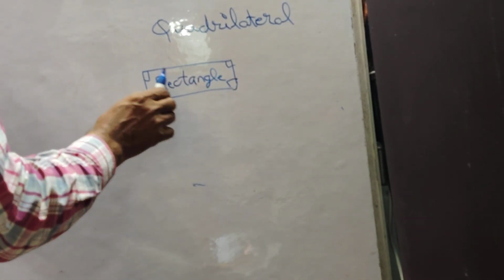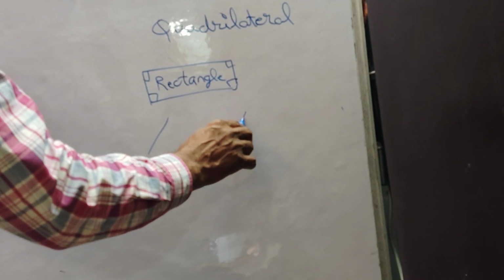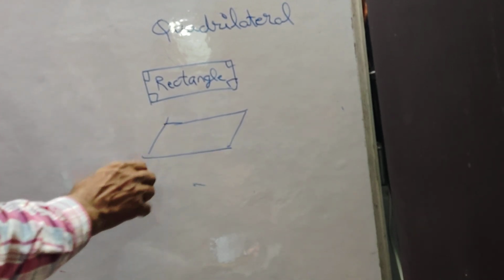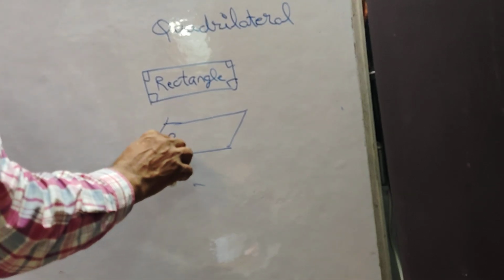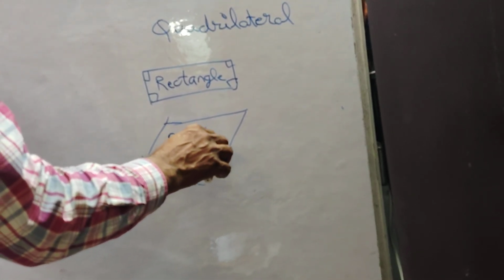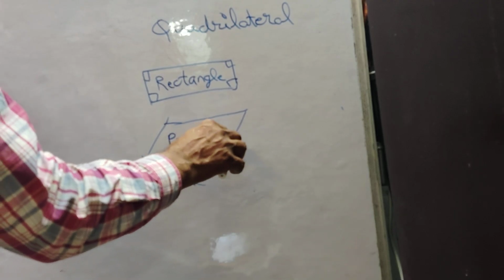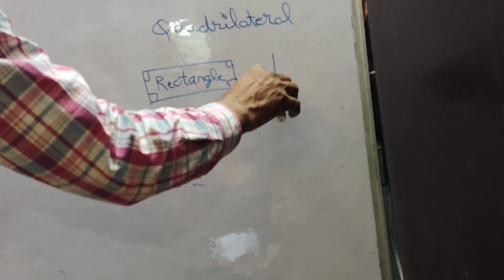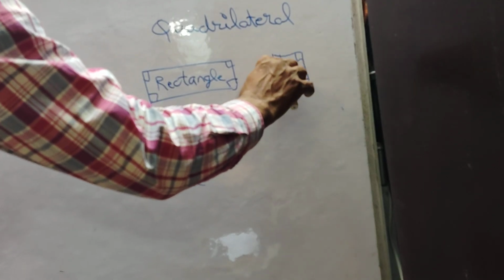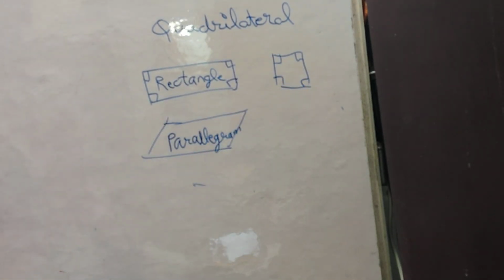Now if I bend the rectangle slightly with parallel lines, yes, parallelogram. Opposite sides here are also equal, but each angle is not 90 degrees. Now if all the 4 sides are equal and each angle is 90 degrees, what is the name of this quadrilateral?